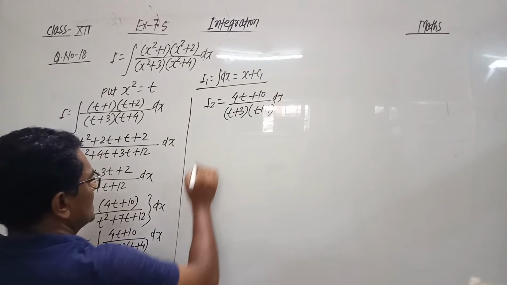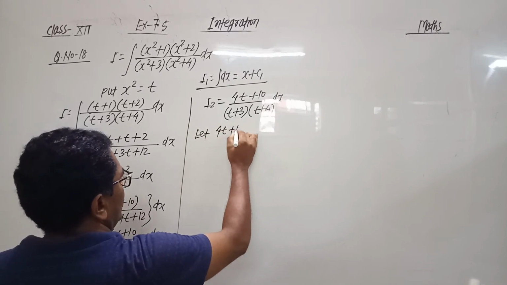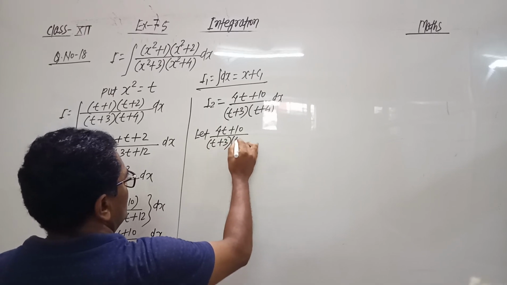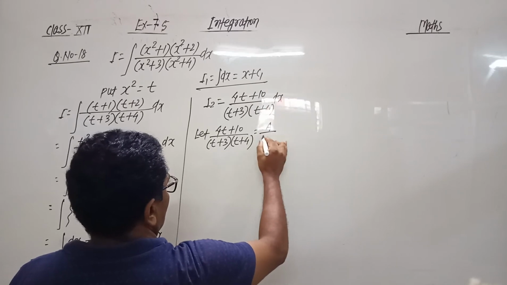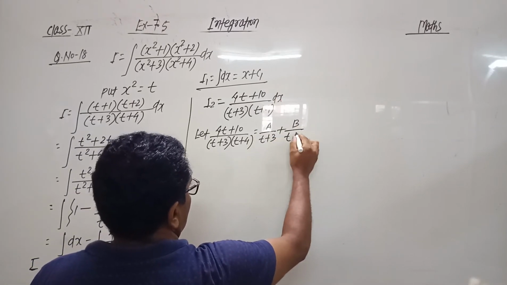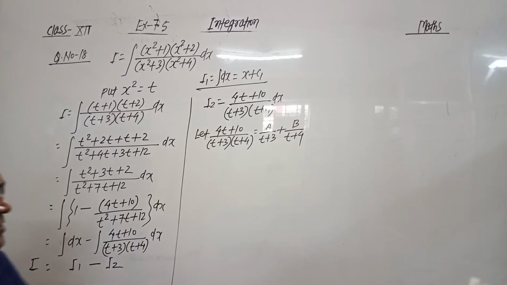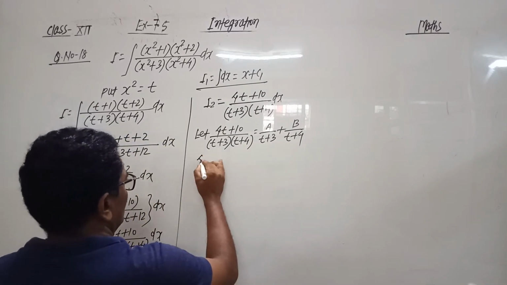So we suppose 4t plus 10 upon t plus 3 into t plus 4 equals A upon t plus 3 plus B upon t plus 4. The denominator is in linear form, so we have taken A upon t plus 3 plus B upon t plus 4.